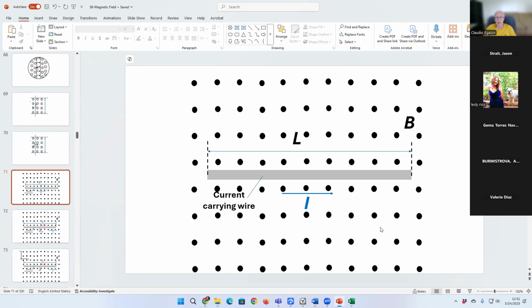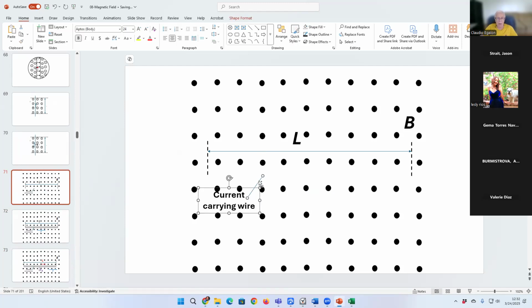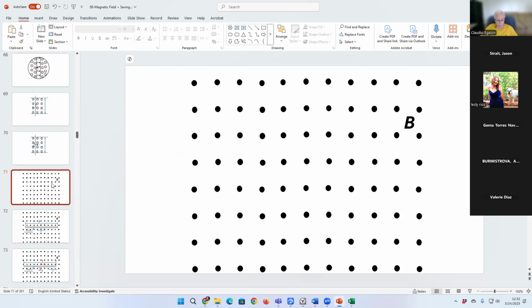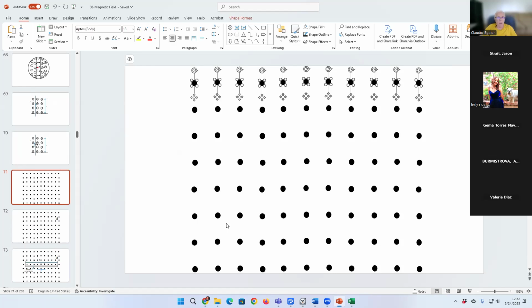Current carrying wire, right? And I'm going to play the movie just like I played before. I'm going to remove the current carrying wire for now, and remove the B field here.